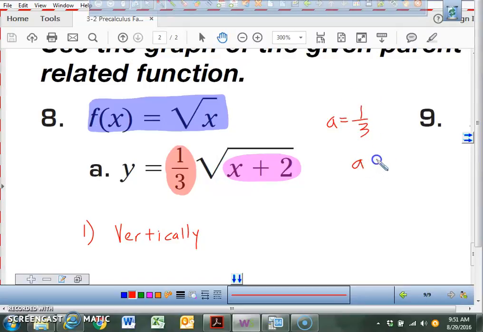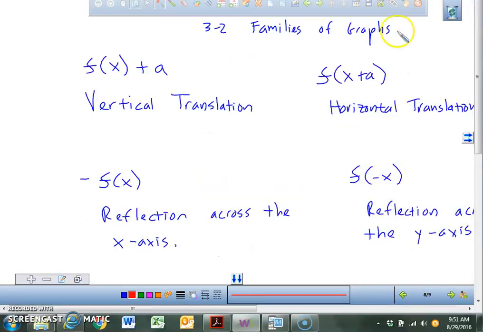Now, if a is less than 1 but greater than 0, that lets us know it's vertically stretched or compressed. You're right. Vertically compressed. Now, if it's on the outside, let's go back to the notes real quick.